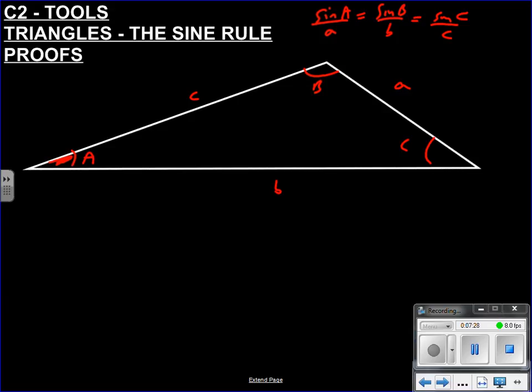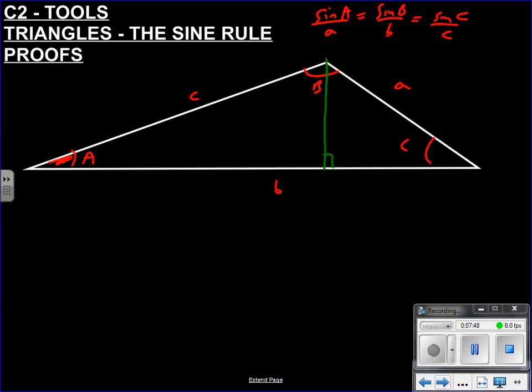Why is that though? Can we prove that? Yes, we can. If I split this triangle down, remember these work for any triangles. So you're using the sine and cosine rule for when you don't have 90-degree triangles. Okay, so not having right angle triangles.